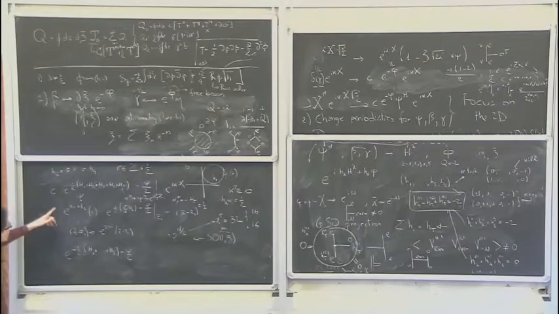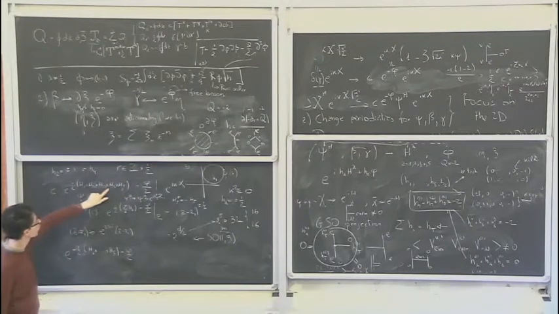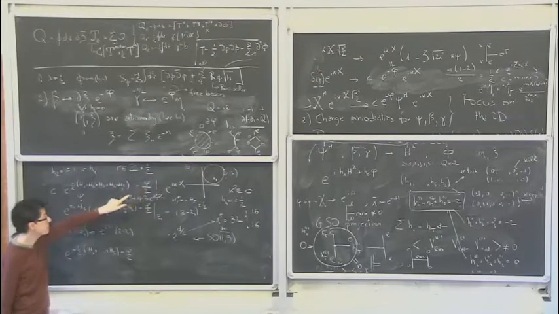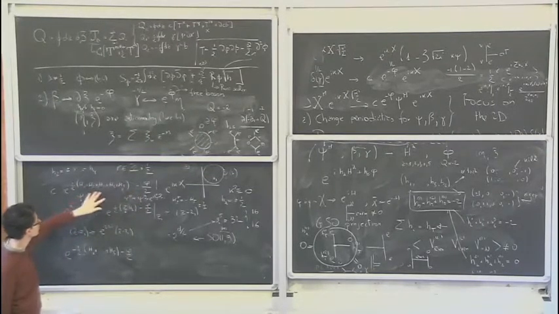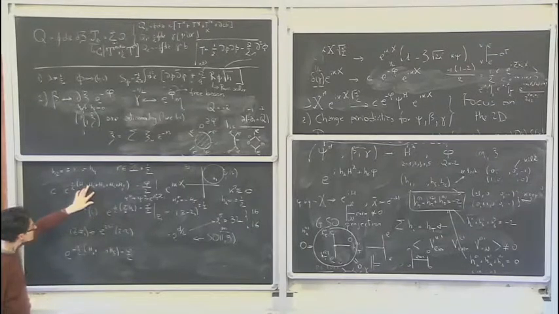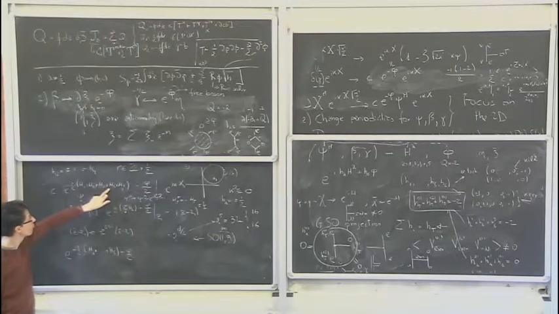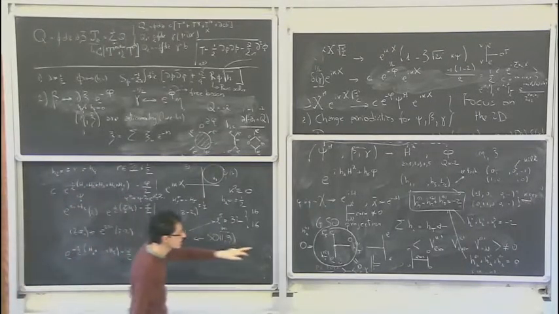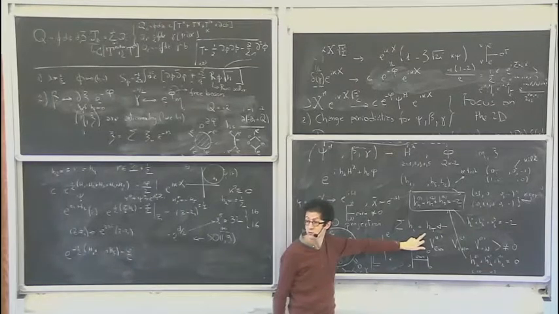So what I'm saying is that if you take the dagger of this representation, the first 4 will change sign. This one stays the same, this one stays the same. So you see that the conjugate of this is still a state that is in the set of physical states, because you change sign 4 times. And so you still satisfy this condition.